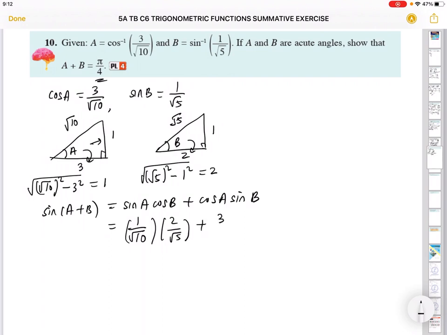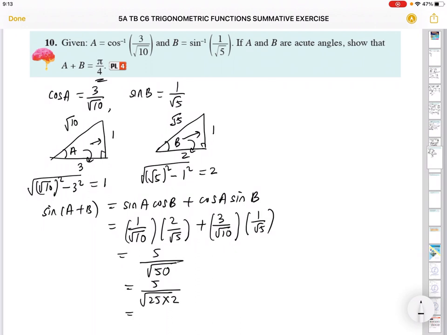So you put it together, it's 2 plus 3, which is 5 over square root 50, right? Now we know 50 is 25 times 2. We can square root 25. You're supposed to show that it's pi over 4. So 25 is 5, 5 over 5 square root 2, cancel, 1 over square root 2.